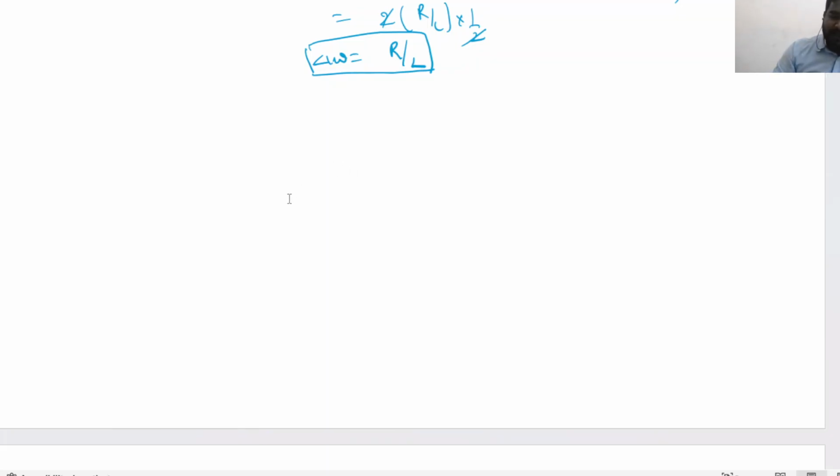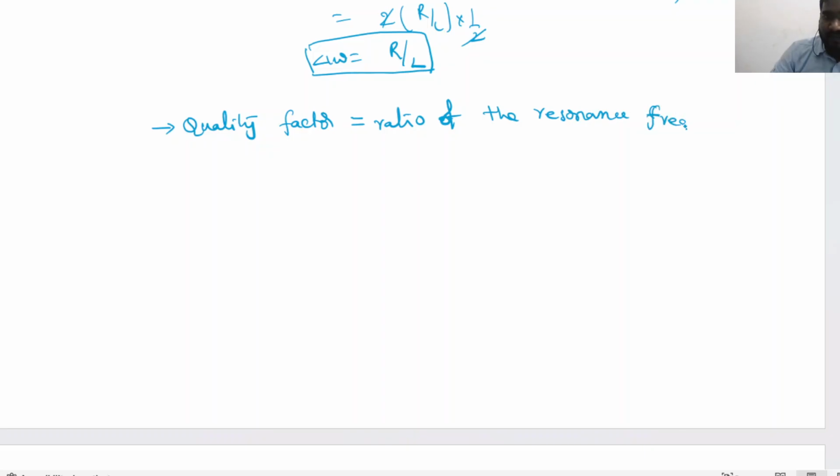Now here only we will define one more term, that is the quality factor. We can define the quality factor as the ratio of the resonance frequency to the bandwidth.